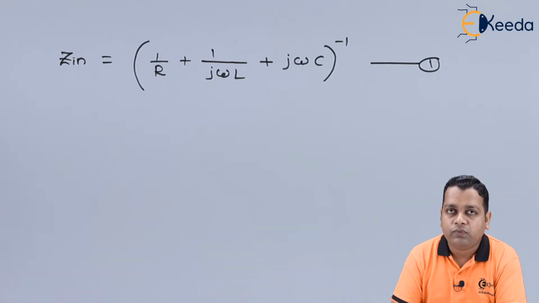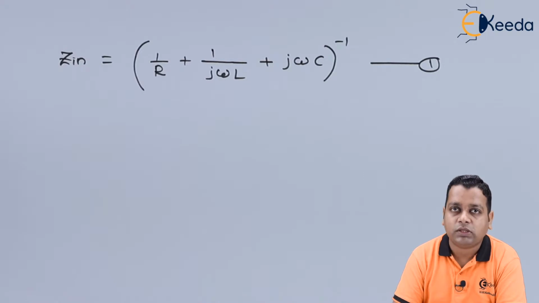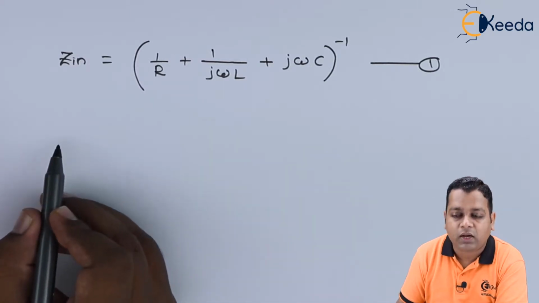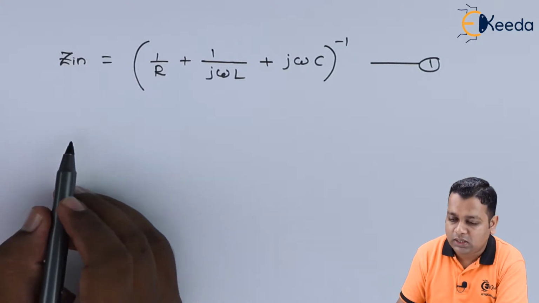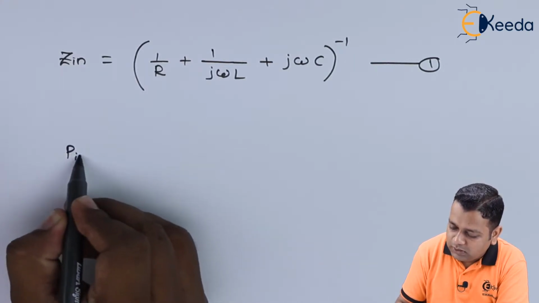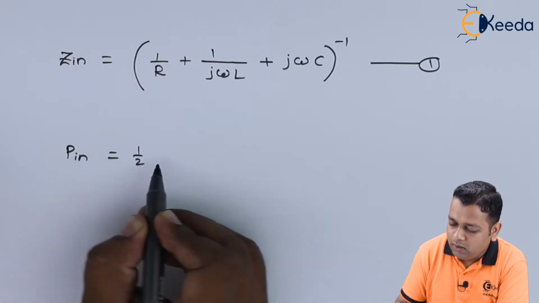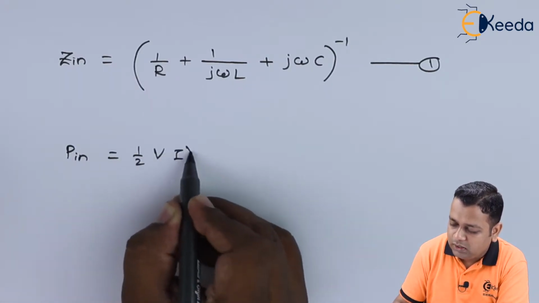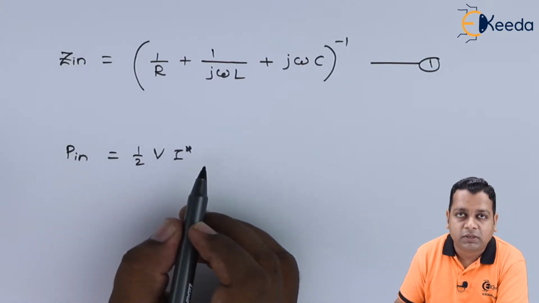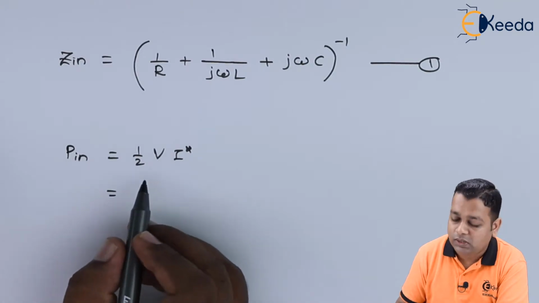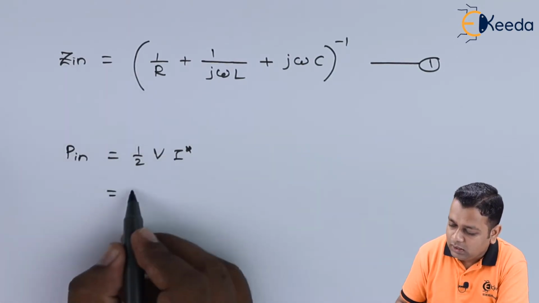Now as we have the input impedance expressed for the parallel circuitry of R, L and C, let us have the representation for the complex form of the power delivered to this resonant circuit, P suffix IN. P suffix IN can be 1 by 2 times the voltage multiplied by the complex conjugate of the current I, which can also be expressed with the help of the input impedance Z in.